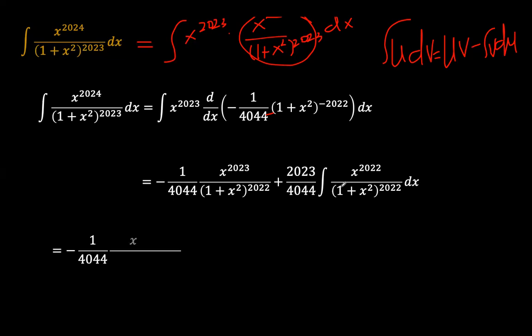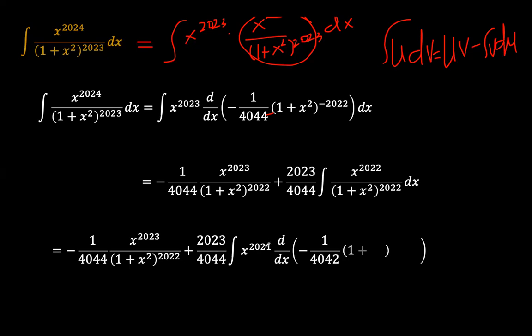And so we can repeat this process again using integration by parts, where now we have x to the power 21, and the same process we have here is now what we have for the x over (1 plus x squared) to the power 22, and this is the V part.